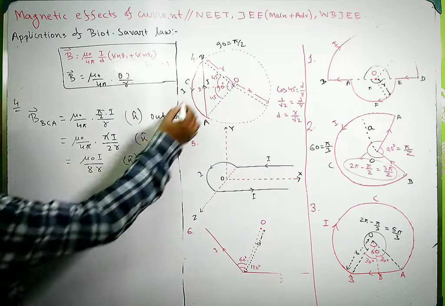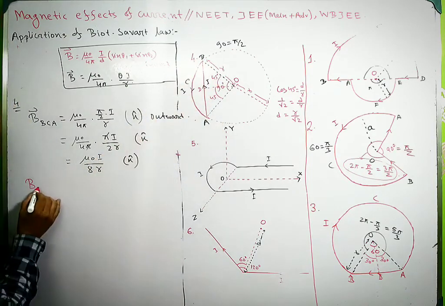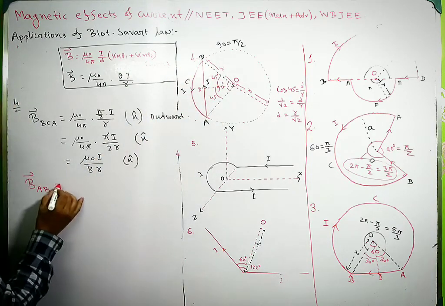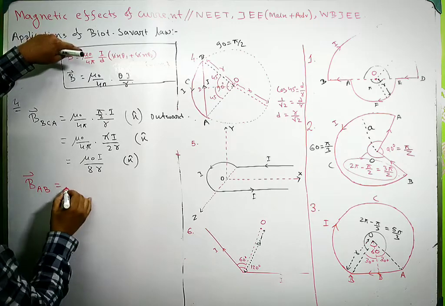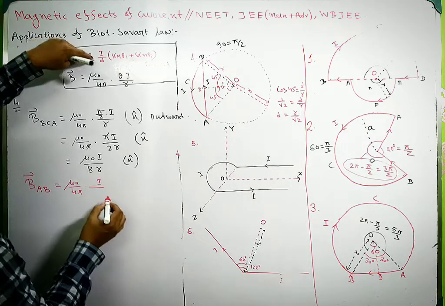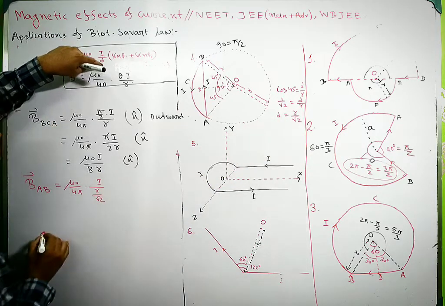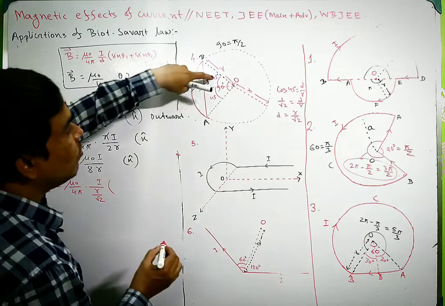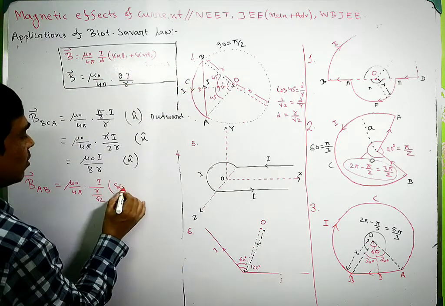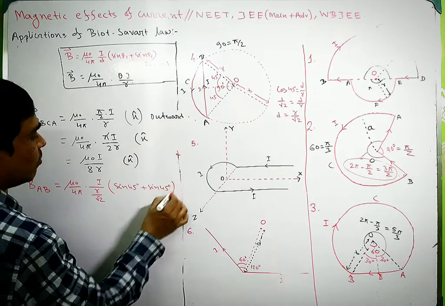Now what will be the magnetic field for this portion AB? AB is given by this equation. This is mu 0 by 4 pi, this is I, and this D is R by root 2, into sin 45 degree plus sin 45 degree.